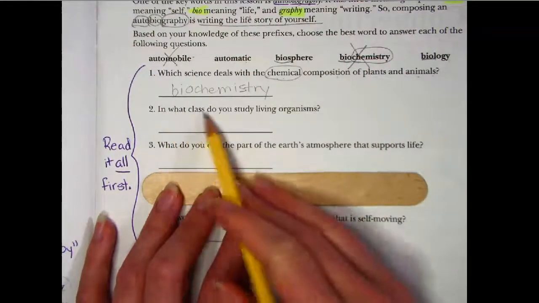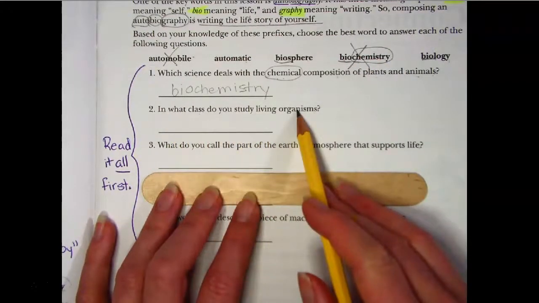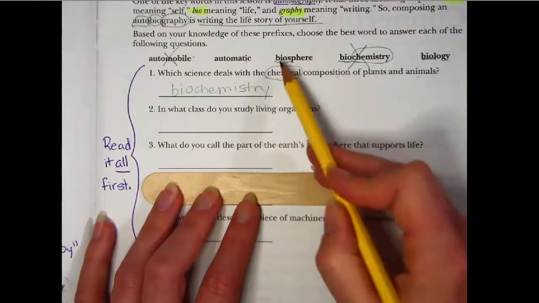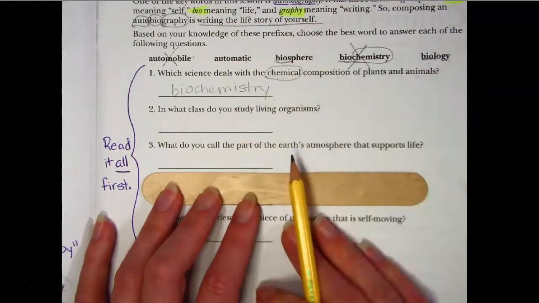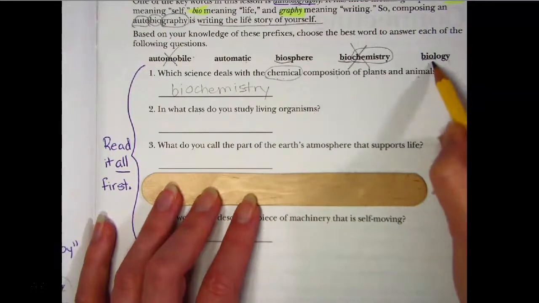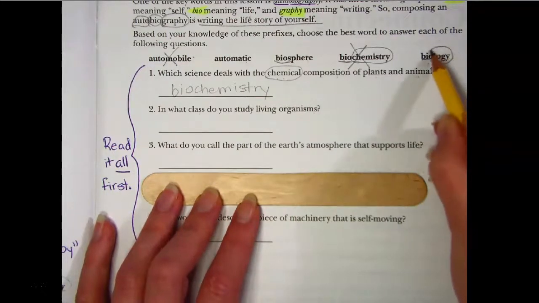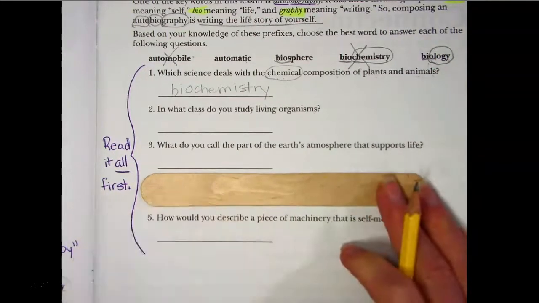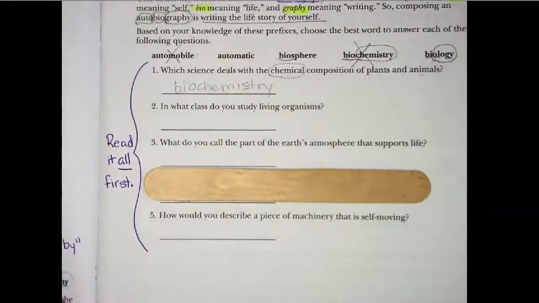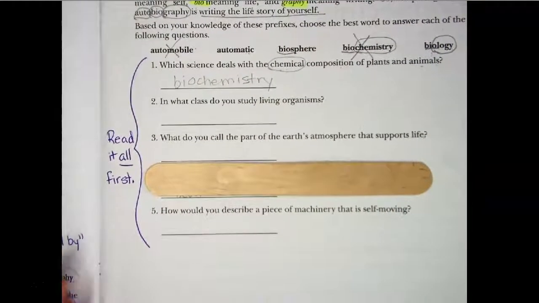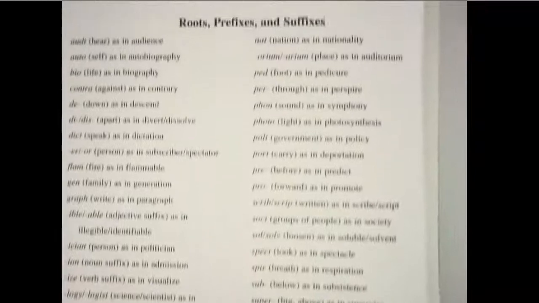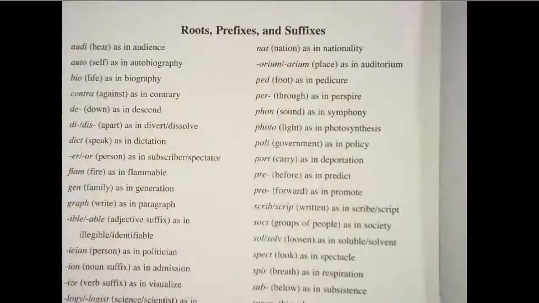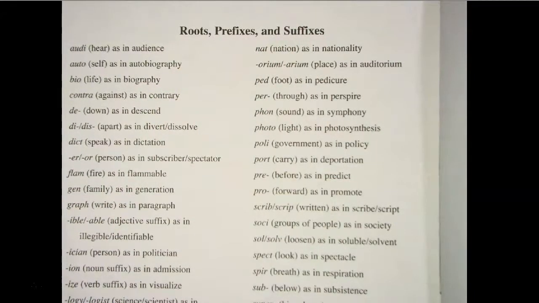In what class do you study living organisms? Well, again, living, so it's going to be one of these bios. I know from the front of the book that ology means to study or to learn about. If you take a look in the very front cover of your book, there's a whole list of roots and prefixes. This is a great tool to use if you're not quite sure and you don't remember from previous lessons.